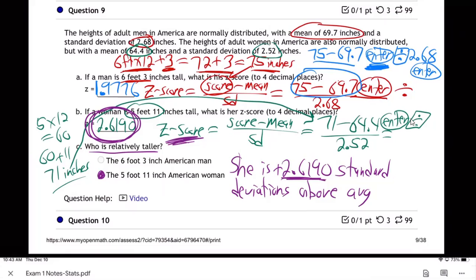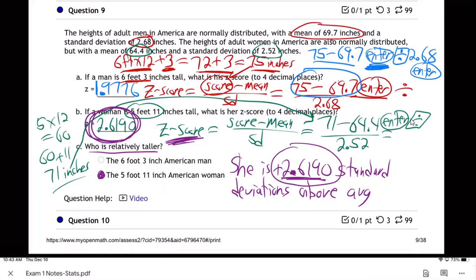That's what it means, the number of standard deviations. Remember what standard deviation means? The typical amount that you're above or below the middle. She is 2.619 standard deviations, typical amounts, above the middle. So she's more than 2.5 standard amounts above the average. She's way above average, right? There's average, and then there's above average.